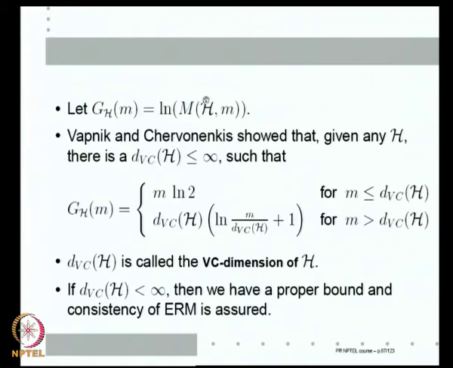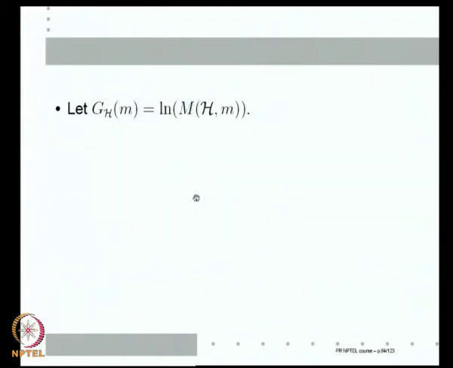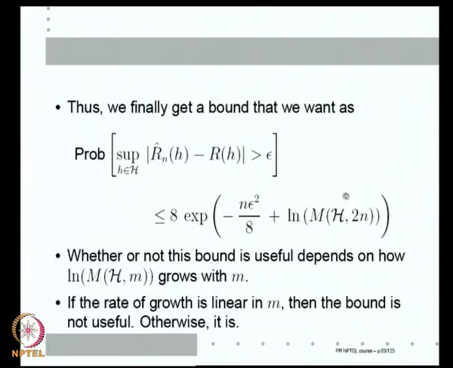After that, this ln will not grow linearly. So, after some n which is determined by the d VC of h, this number will grow only logarithmically, and hence this can be made less than delta.